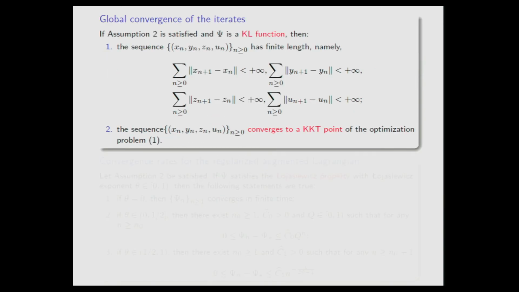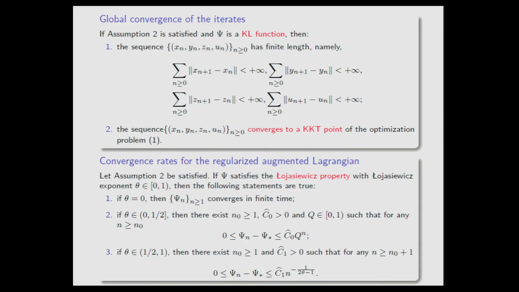Good. Now, assuming that the function psi in our objective is a KL function, what you get is that this sequence has finite length, and this implies that the sequence is a Cauchy sequence, and in that case it converges. So the sequence we generate converges, as you already know, to a KKT point of our problem. This is the consequence of what we proved before plus KL.